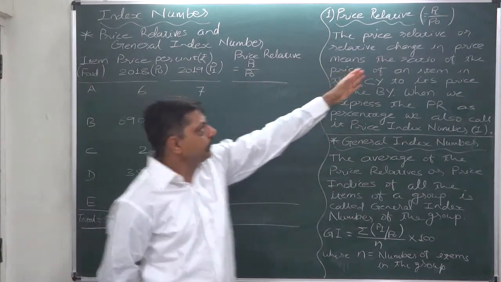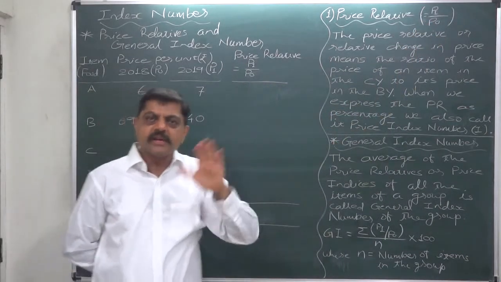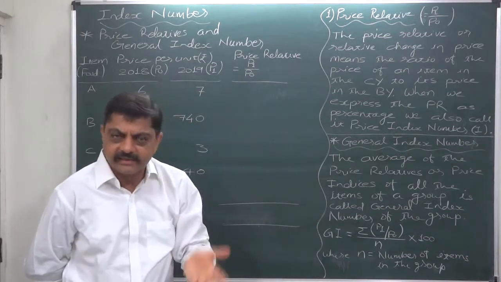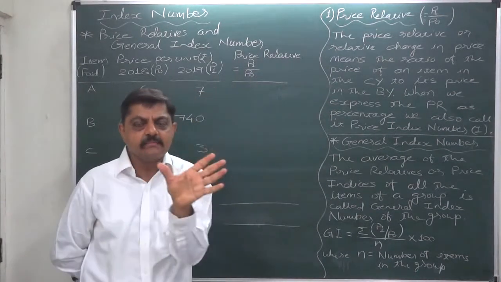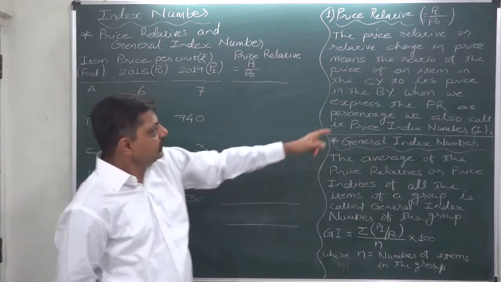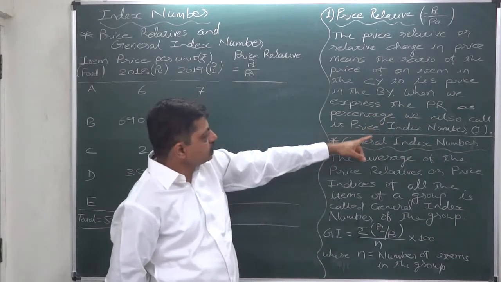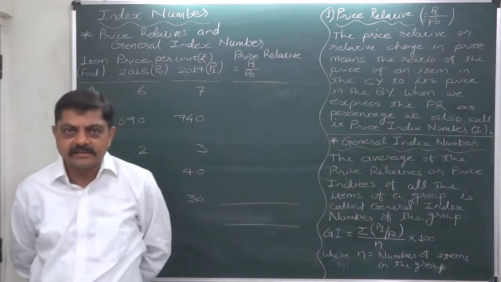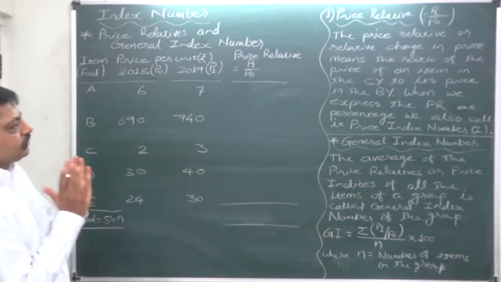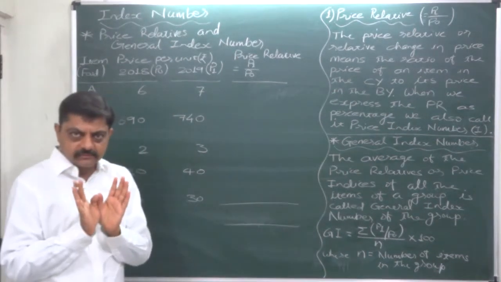Price in current year divided by price in base year is nothing but the index number of the price of a particular item. When we express the price relative as a percentage, we also call it price index number, and the sign is I. So first we have to calculate the price index numbers for all the items.